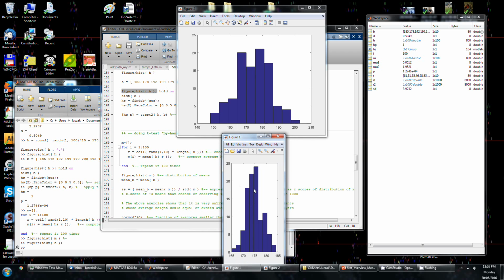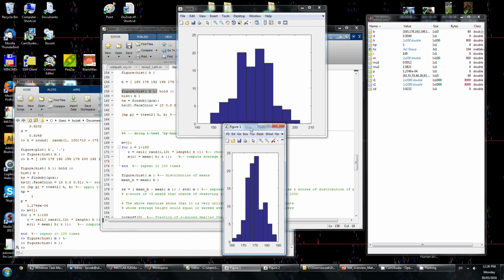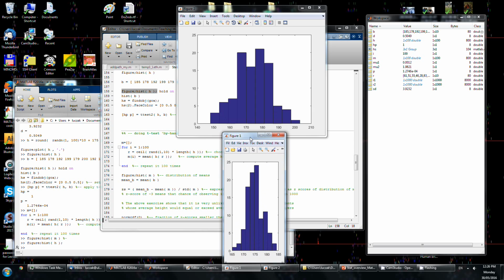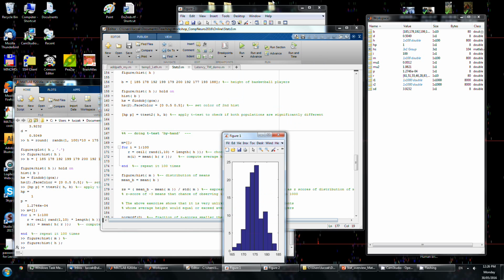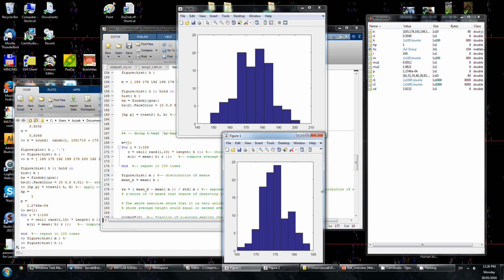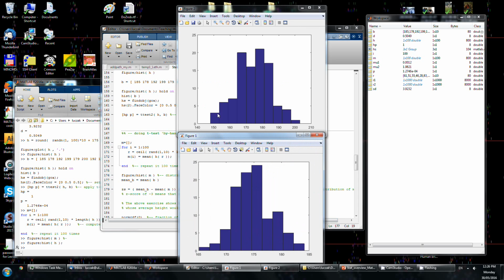What it shows is how likely it is, by chance, to get 10 people with an average height of, let's say, 180 or 175. So what this plot is showing is that it is quite unlikely, for example, to take a subset of 10 people from this original population and have a height bigger than, let's say, 185. No random sample of those 10 people had it.